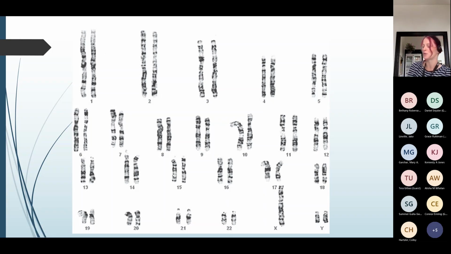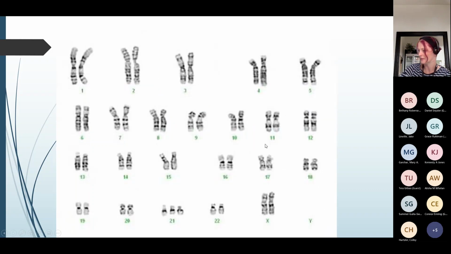XYY. Good job. You have an extra Y, but you already listed those sex chromosomes, so you don't need to say plus Y. But if you had a third 15, you would just go plus 15. Since you're listing the X and Y chromosomes out, you don't need to identify. Good job, guys.